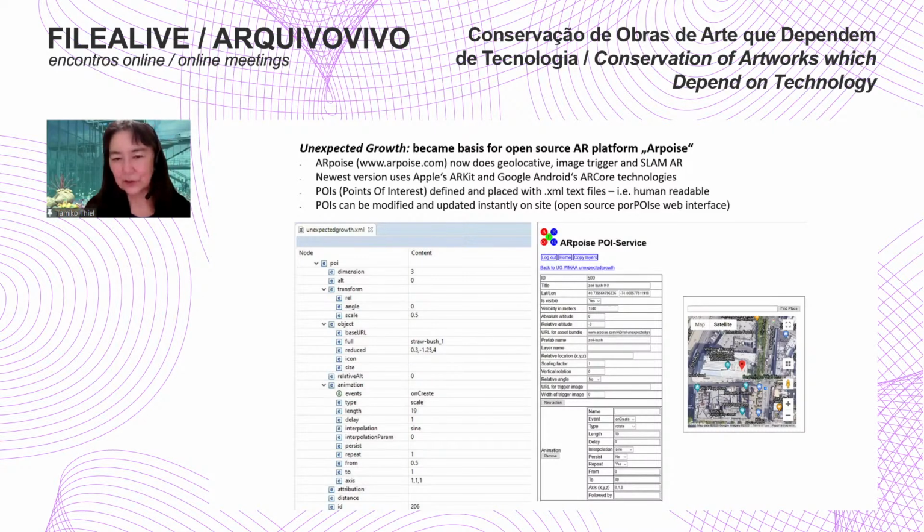So basically, a lot of the ARPOIS backend that we use to position the piece and deal with basic properties like scale and any animations and any interactivity is also in these XML files, which is not only machine readable but human readable.